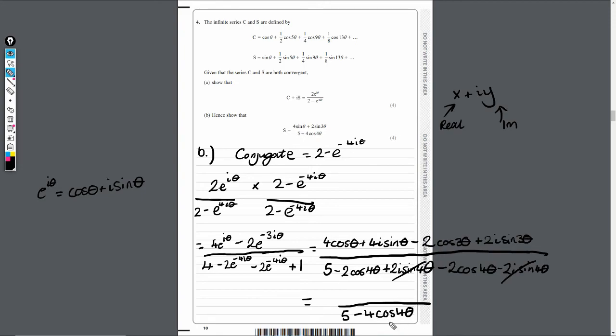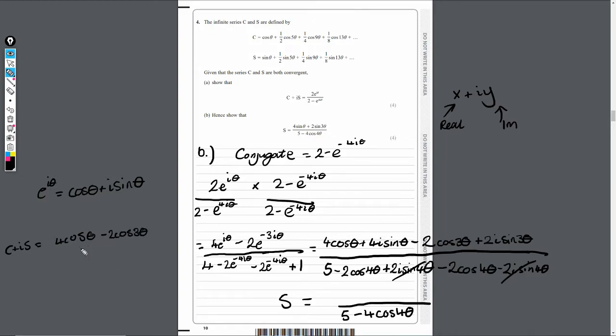So, how do I get the last bit of the answer here? Well, think about what's going on here. Your denominator will always be 5 minus 4 cos 4 theta. But on your numerator here, this is split up into the real parts and the imaginary parts. Now for S, we technically only want the imaginary parts. What we're dealing with here is 4 cos theta, so just write my real parts, minus 2 cos 3 theta.